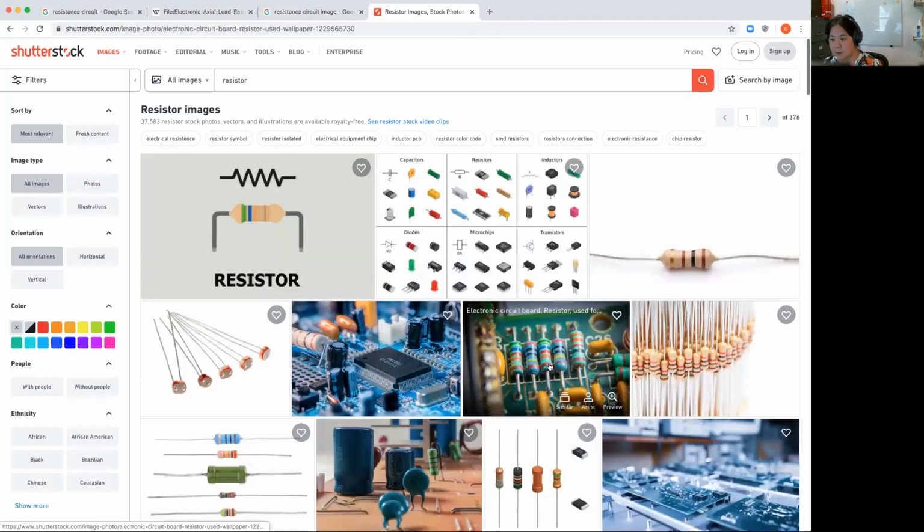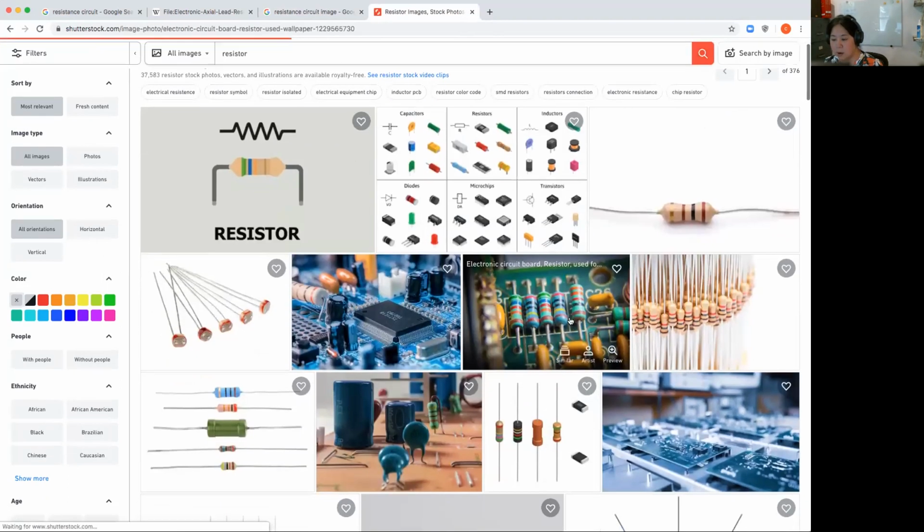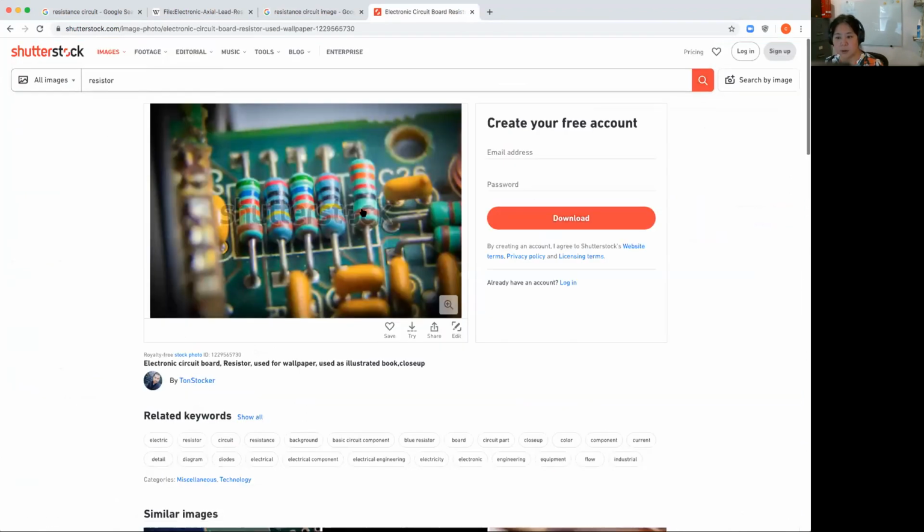So like this thing here, there's a circuit board and you have these items, and these are the resistors in the circuit board. These are made of metal so that the current can flow and pass through, so you can have certain kinds of electrical resistance.